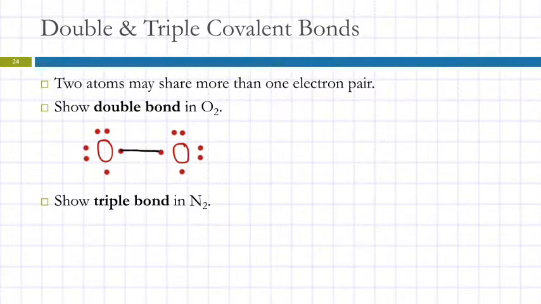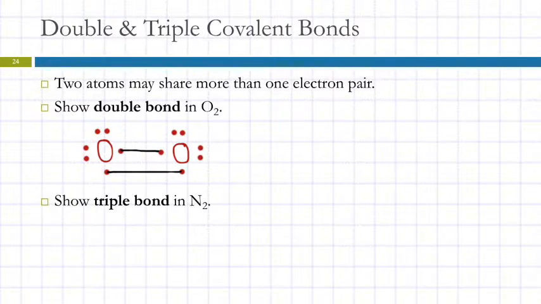So this is better, but not quite good enough. So they need to do more sharing, and so they'll share another electron. That's kind of an ugly drawing of it, but it works. This oxygen has 2, 4, 6, 8. And this oxygen has 2, 4, 6, 8. Everybody's happy. 8 is great.